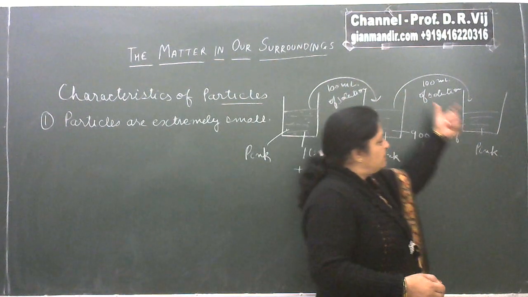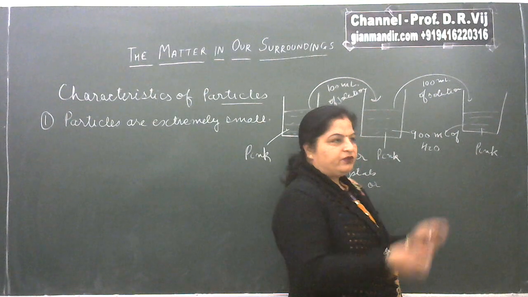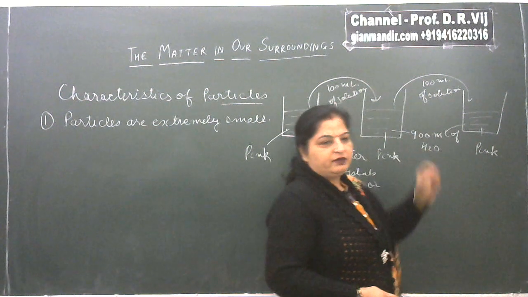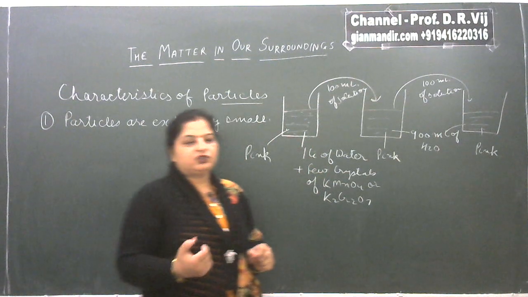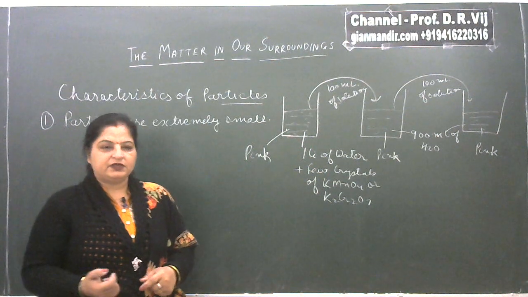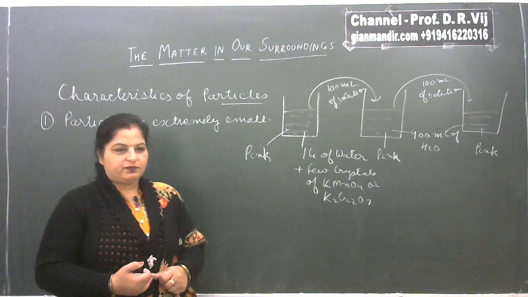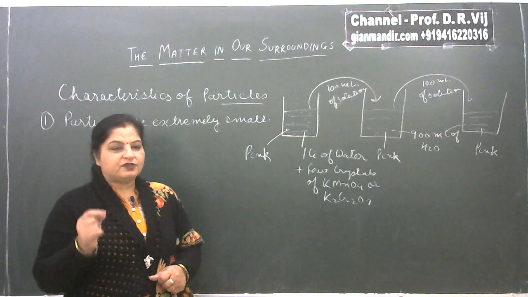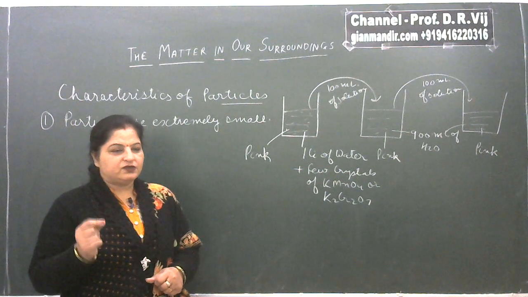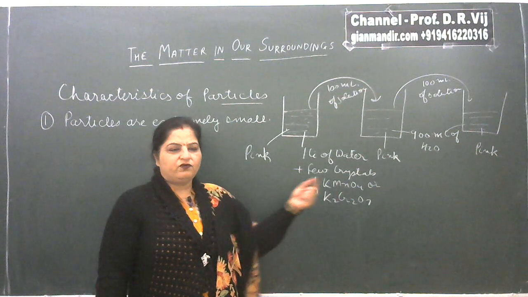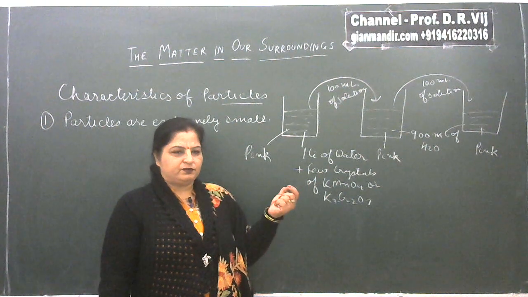Again, when you transfer this solution to beaker 3, some of the particles of beaker 2 were transferred to beaker 3, and again the solution of the third beaker was pink in color. How could this have been possible? This could have been possible only because the crystals of potassium permanganate contain very tiny particles.